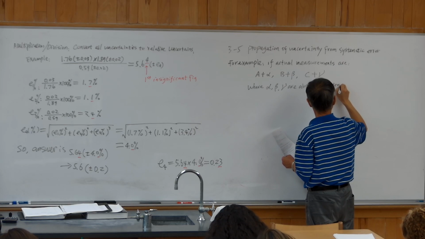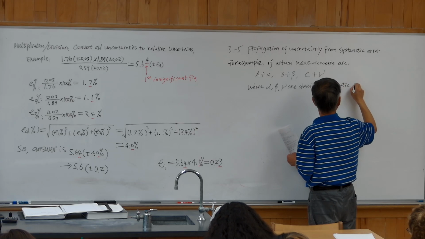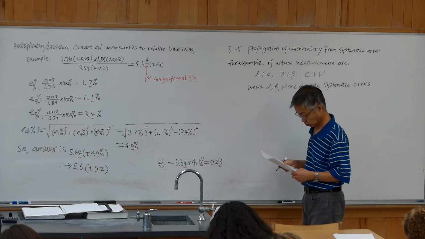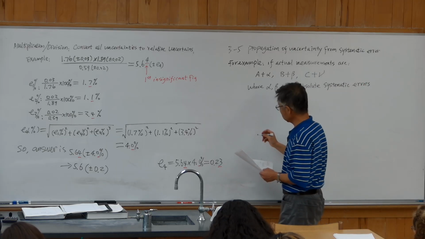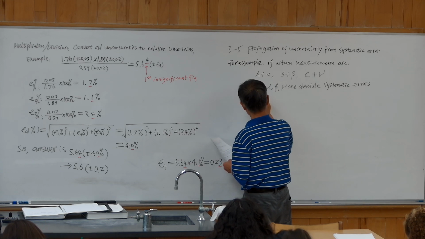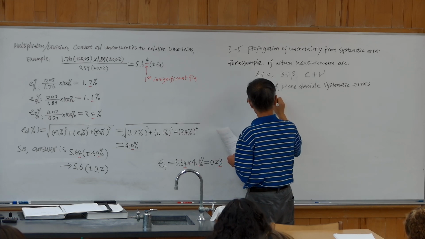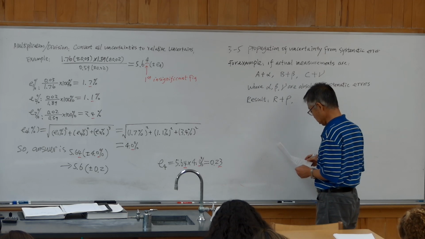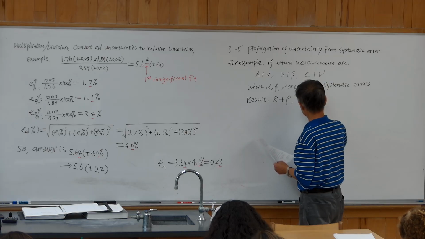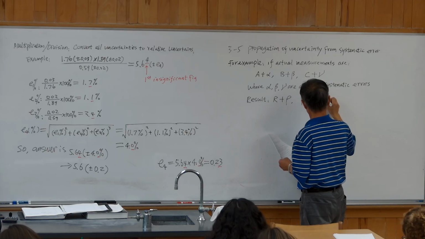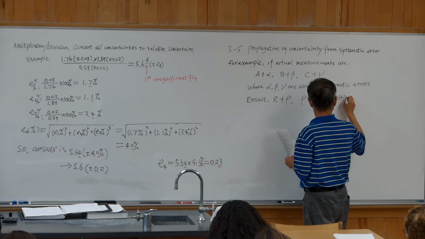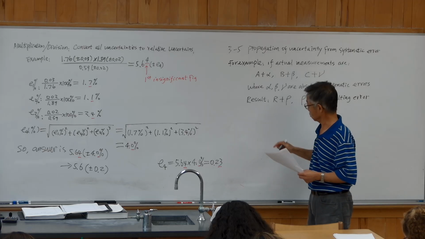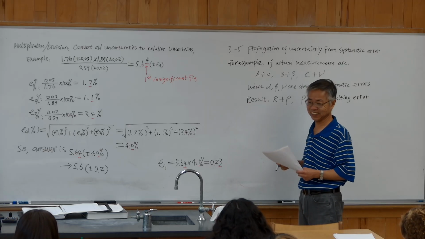Absolute systematic error. Some books call it determinate error. Then the result is in this format, R plus delta. Delta is the resulting error in the result. R is the result. Okay.